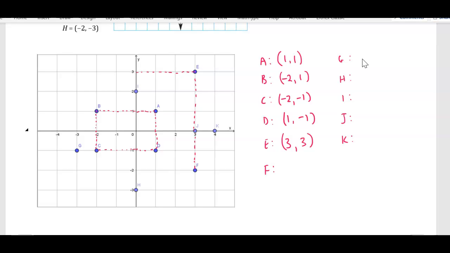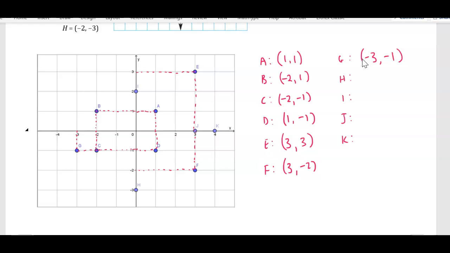All right, F, 3, across, -2. G, where is G? There we go, -3, and then across, we're at -1.